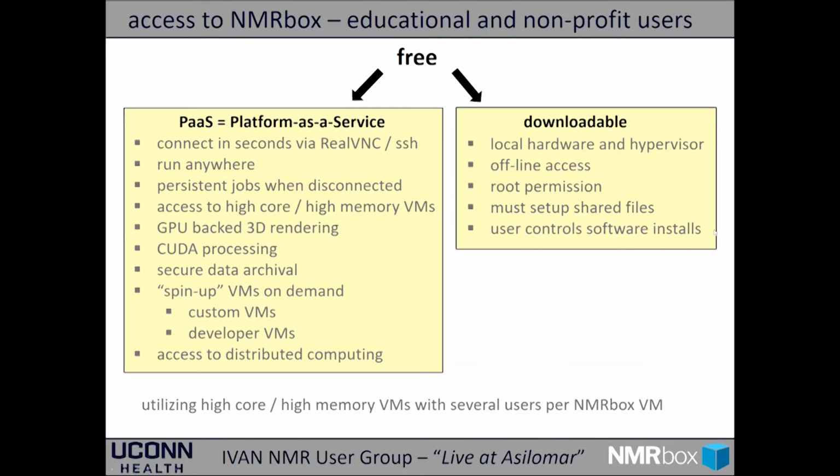And what we do now with the downloadable VM is it doesn't come with any of the NMR software. It's basically a system that's pre-configured and ready to go, but we have a software installation tool built into the downloadable VM where the user will just select which NMR software packages they want and install them themselves.